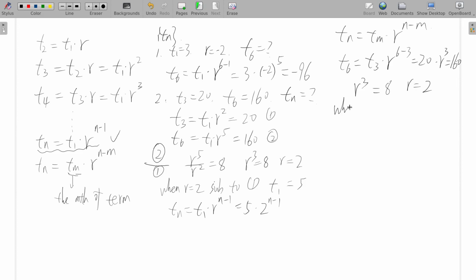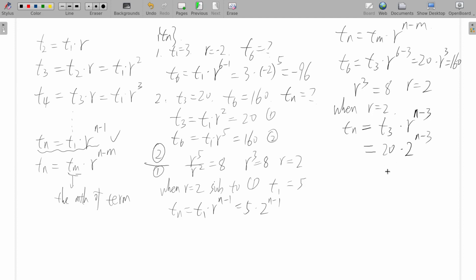When r equals 2, we can write Tn directly: Tn equals T3 times r to the power of n minus 3, equals 20 times 2 to the power of n minus 3.